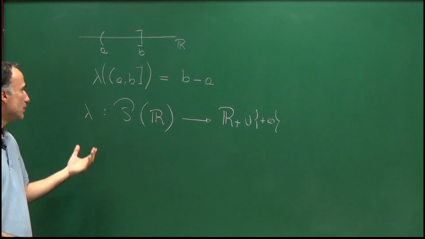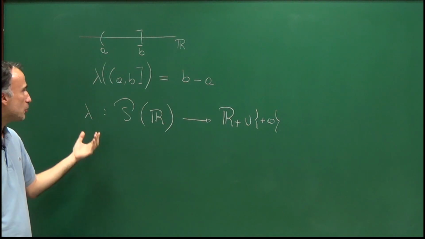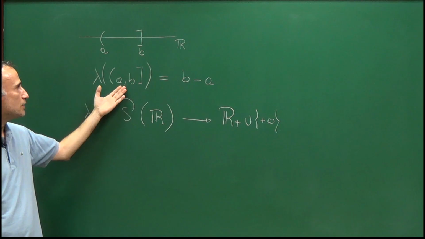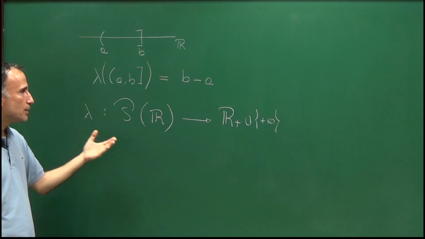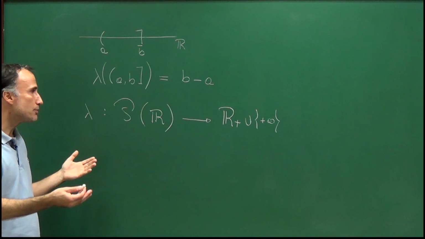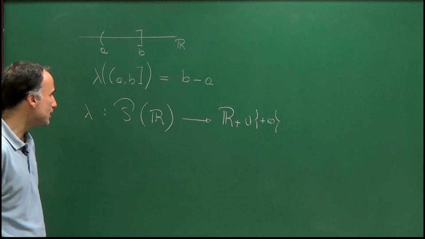So what would be the natural extension of, say, let me call this function measure. The measure of an interval is B minus A. What would be the measure, say, of the rational numbers, or the rational numbers between 0 and 1? This is the type of question we would like to answer.